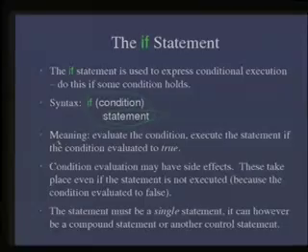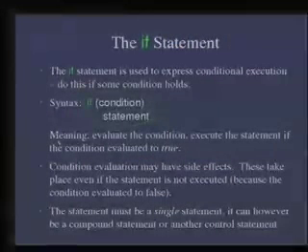Now, of course, in practice, we would like this block of code to be executed when a certain condition is satisfied to consist of more than one statement, but that is very easy to achieve because, as we have already noticed in our earlier lectures, a set of statements, if they are enclosed in braces, then that becomes a single compound statement. So this statement has to be a single statement, but of course it can be a compound statement, meaning that if we put in a sequence of statements within braces, since that constitutes a single compound statement, we can use that here.